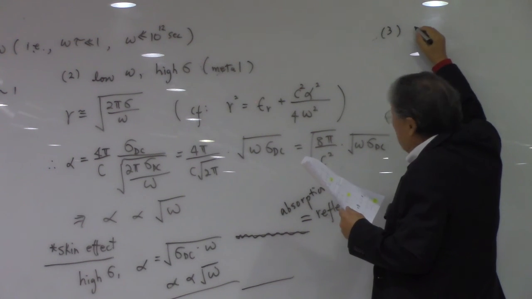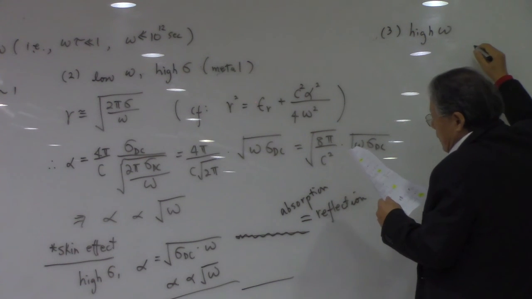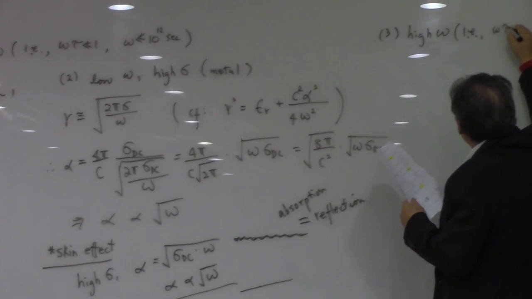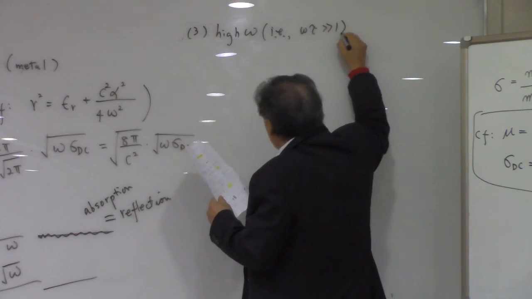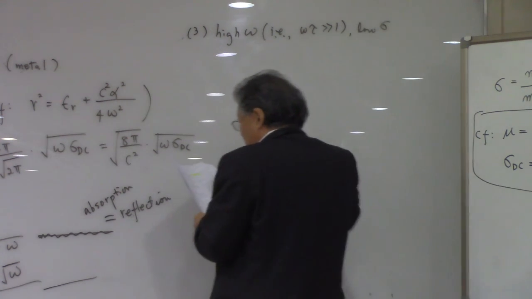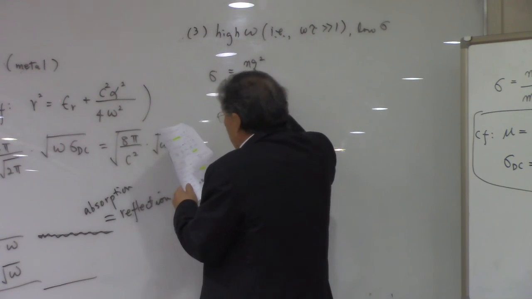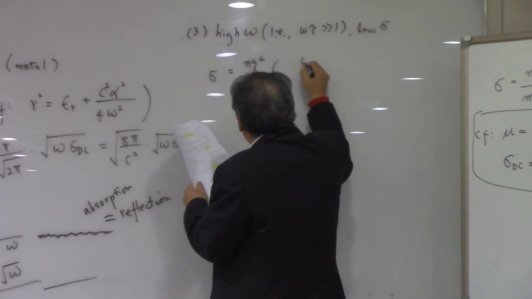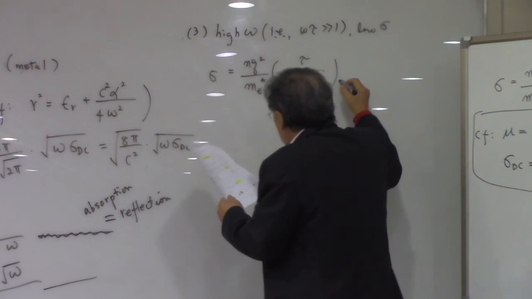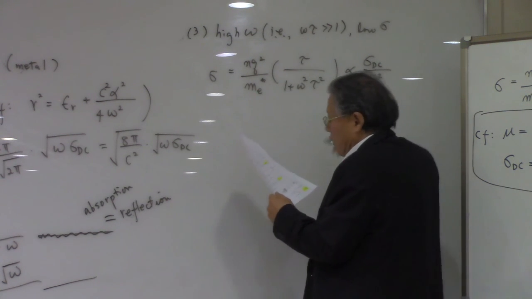Number 3 is the high frequencies. In other words, the omega tau now is greater than 1, and then a low conductivity. Okay? Then in this case, sigma is going to be nq squared over me star tau over 1 plus omega squared tau squared. It's going to be sigma dc over omega squared.